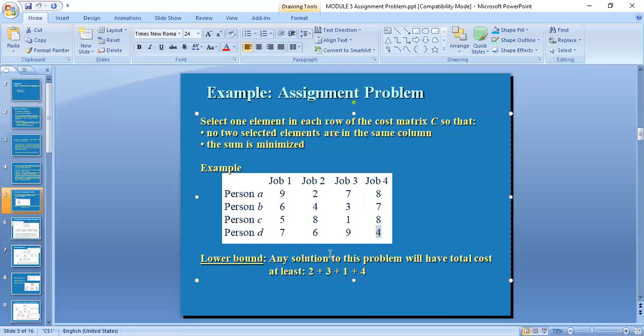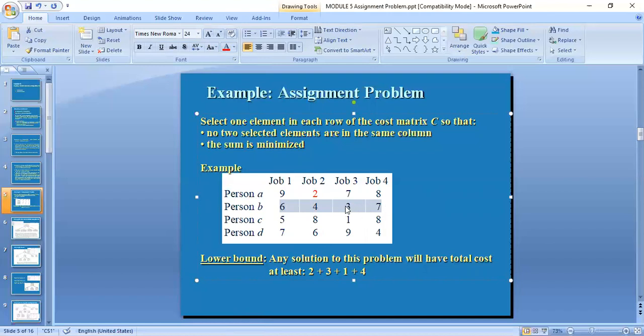Any solution to this problem should have at least a minimum of the least value. See here, for person A, what is the least value among these 4? The least value is 2. Similarly, for person B, what is the least value among all these 4?